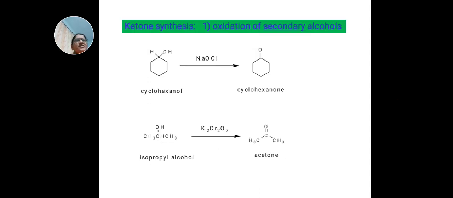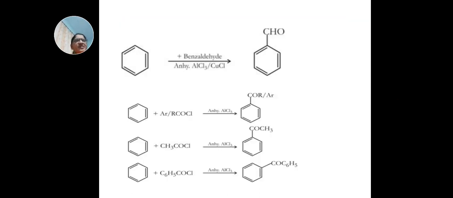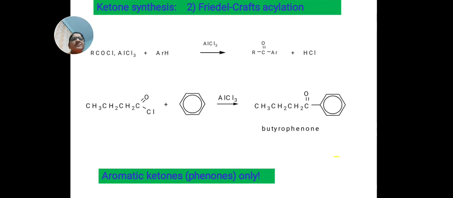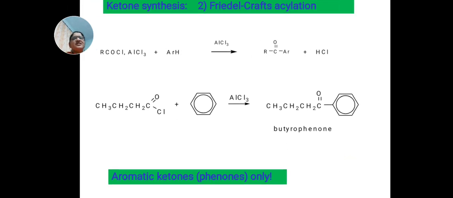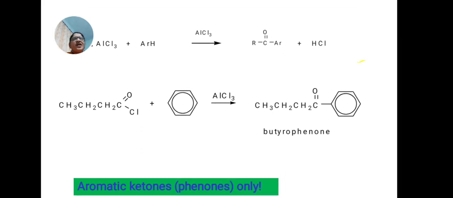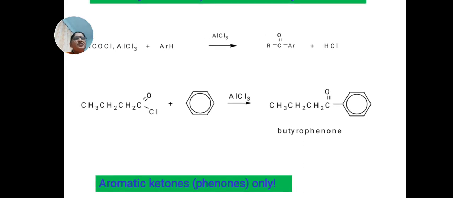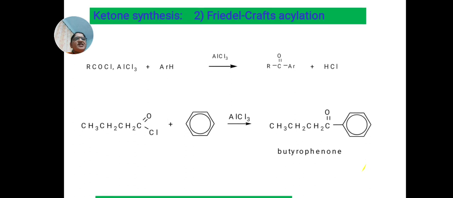Then the next method for preparation of ketone is called Friedel-Crafts acylation. In this reaction, acyl chloride, that is RCOCl, plus an aromatic hydrocarbon ArH in presence of AlCl3 gives an aromatic ketone, that is RCOAr, plus HCl.